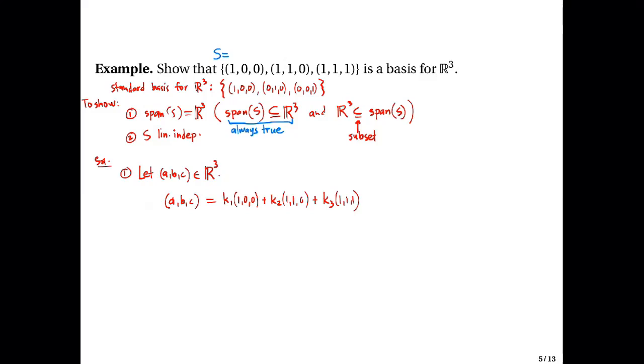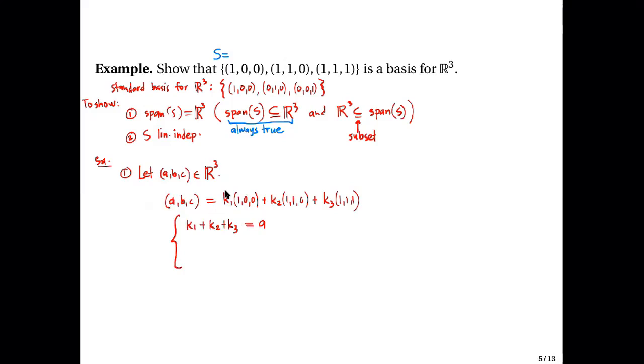But just like before, you can write this as a system. Let me write on the left-hand side these guys here, and on the right-hand side, this guy here. If we compare the first components, you have k1 plus k2 plus k3, and the first component will be a.